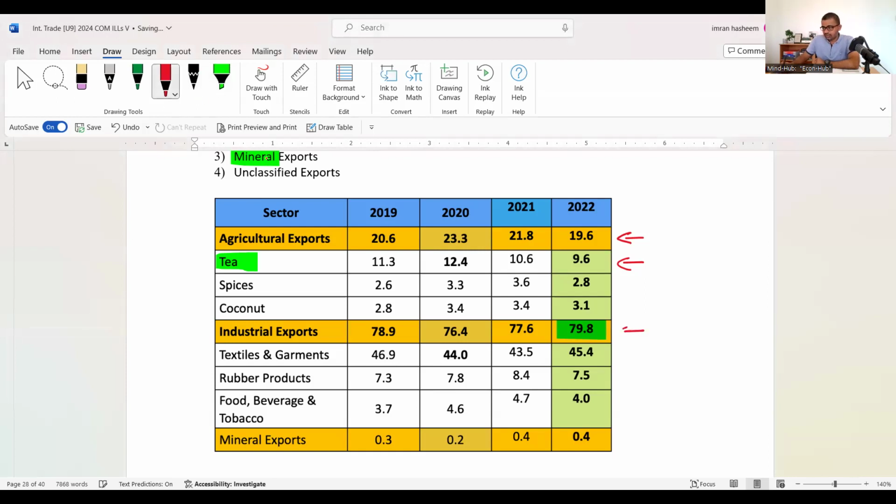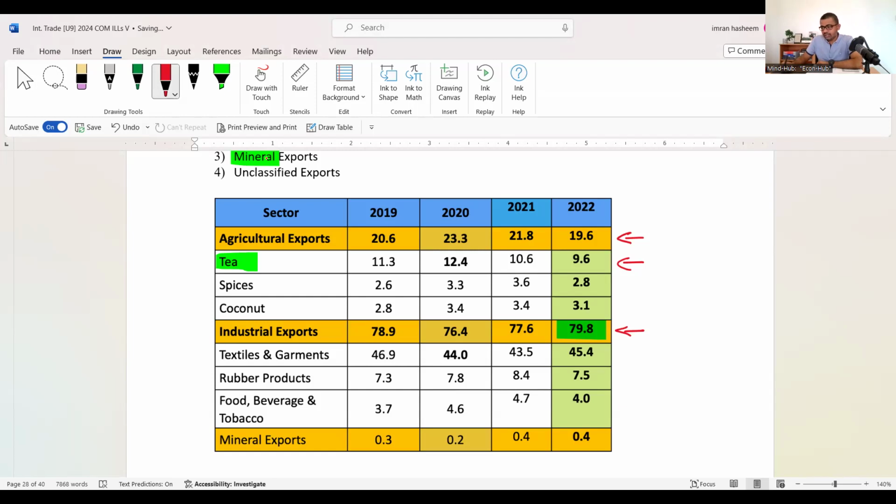Know that for 2022. And the average is around the 75 plus range, or close to 80. So that you have to remember. Industrial agriculture is in the mid or lower 20 range. You have to remember that, or around 20%.